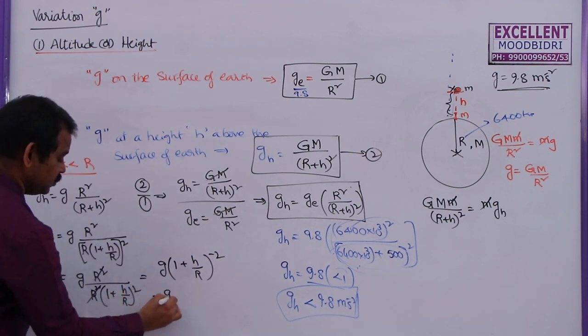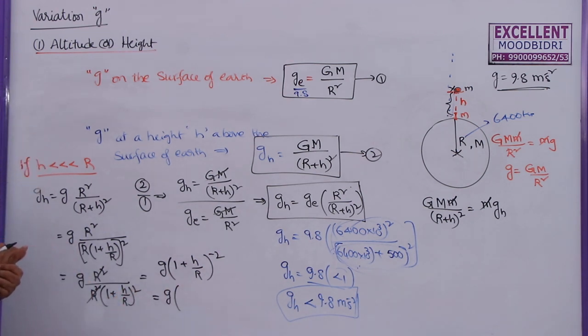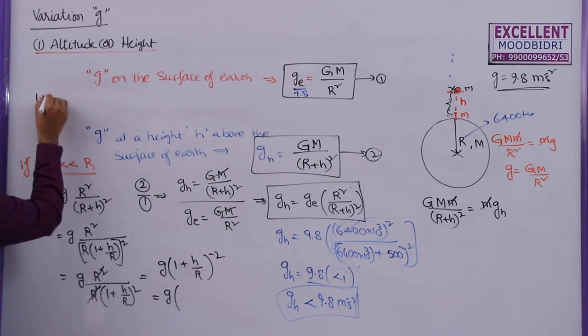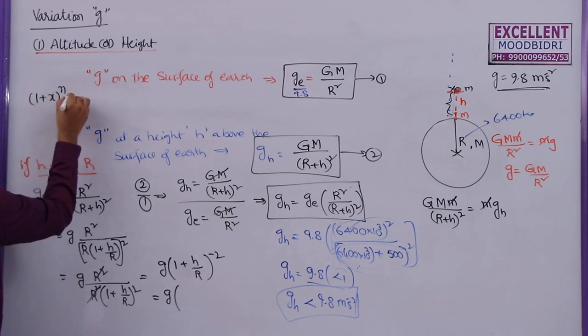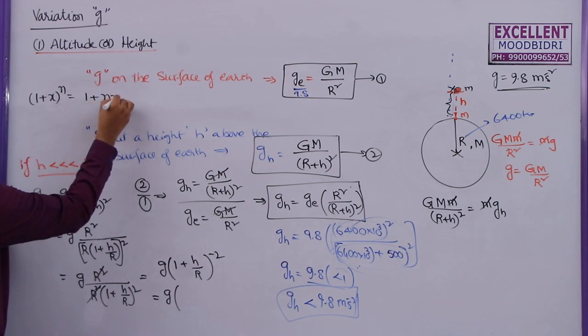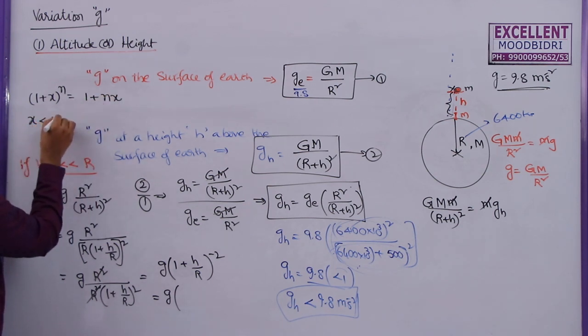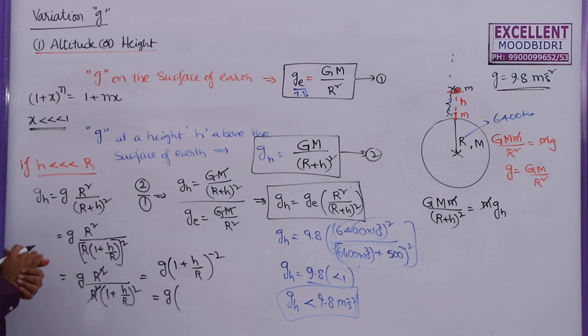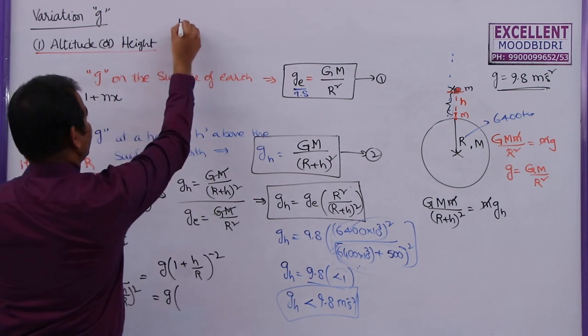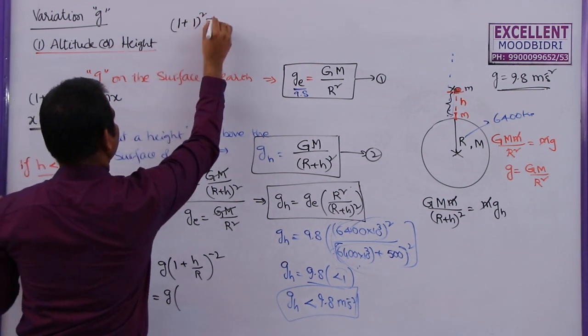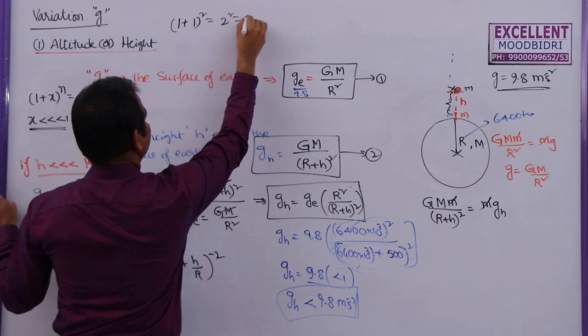So this will become G into, in binomial expansion, we have seen this, (1 plus x) whole power n is equal to 1 plus nx, if x is much lesser than 1. You are going to learn this in mathematics. Here x value should be very small. Suppose (1 plus 1) whole square is equal to 1 plus 1 is 2, 2 square, this is 4.